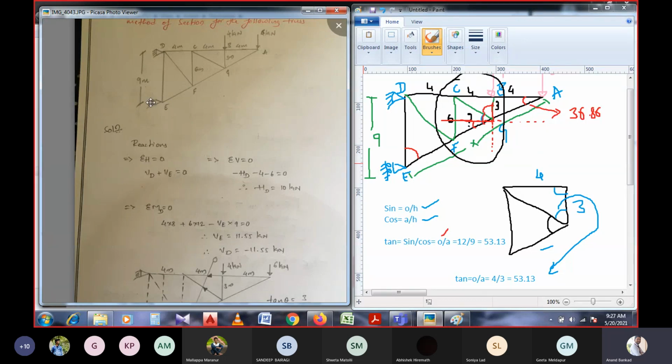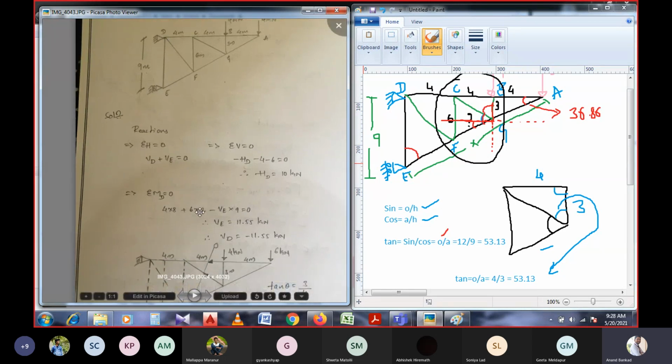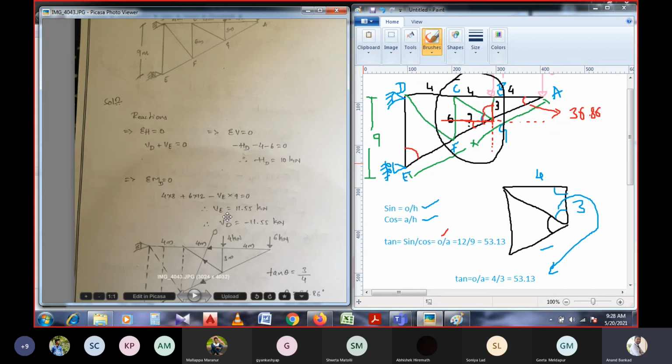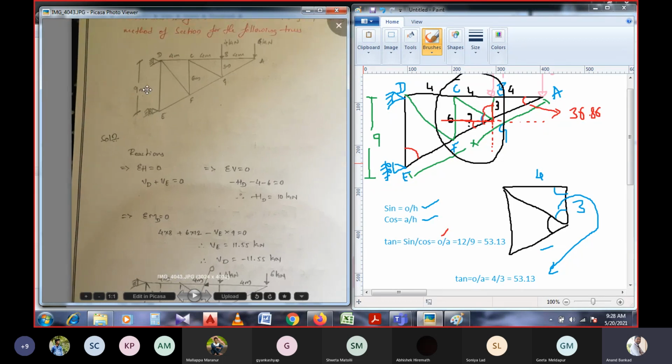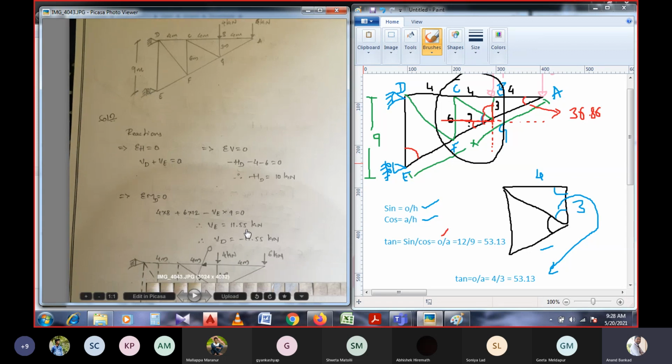This VE will be a reaction, and if you consider it for the moment, it will have a 9 meter distance from point D. So VE into 9 is considered. By solving this, VE can be calculated as 11.55. That means even though there are no horizontal forces in the member, because of this vertical load we have a reaction at VE of 11.55 kilonewtons.